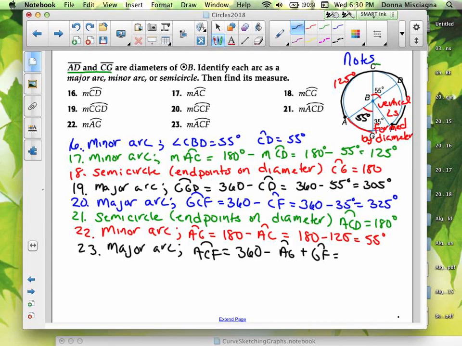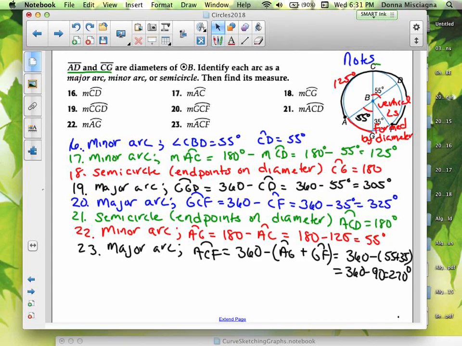So that's going to be 360, and I should put parentheses around it because we're not subtracting one then adding the other, we're just adding and then subtracting both of them. So 360 minus 55 plus 35, which is equal to 360 minus 90 degrees, or 270 degrees. Yay. There we go. So together, those two must be a right angle, look at that.